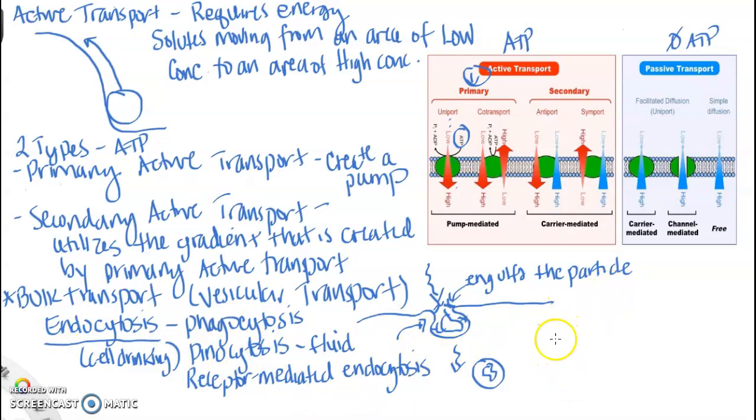The last one is called exocytosis. So exocytosis is the opposite of this. So you have a vesicle with something in it. It goes up to the plasma membrane, adheres to the plasma membrane, opens up, and then the thing is barfed out.